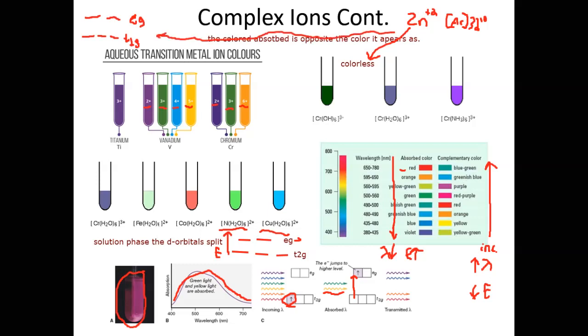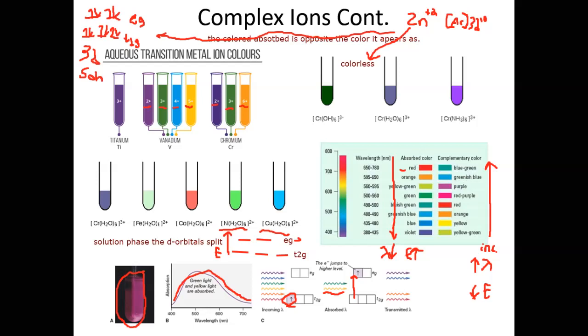This is the 3d orbitals in solution state. We draw the orbital diagram, adhering to Hund's rule. And what do you notice about these 3d orbitals here in solution state?